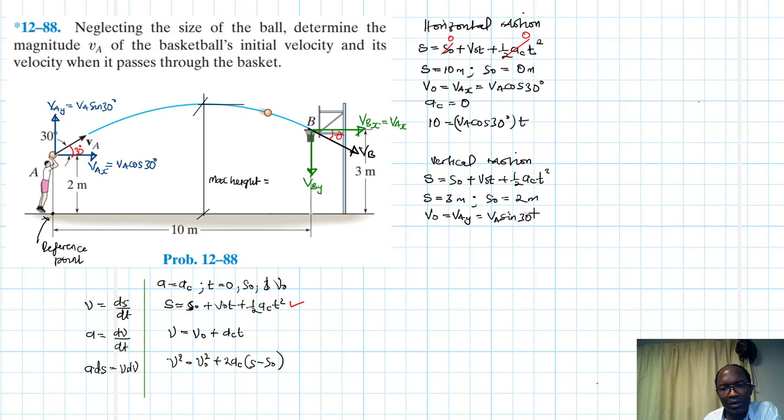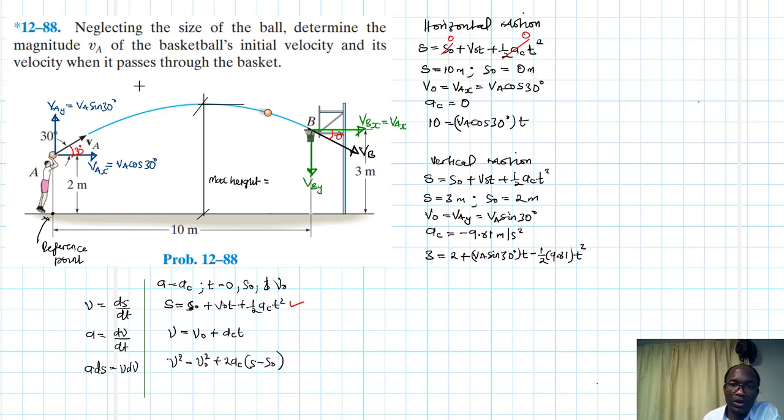Of course our AC here is available, it's minus 9.81 meters per second squared. So if we plug in all this information, we have 3 is equal to 2 plus VA sine 30 times T minus half by 9.81 by T squared.